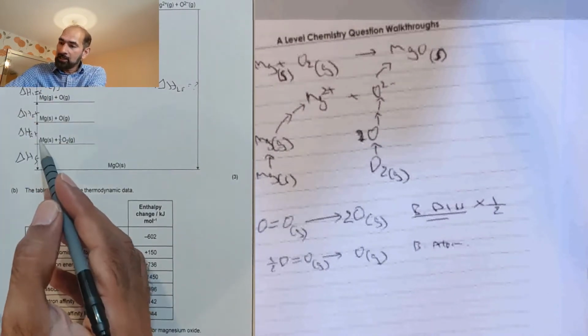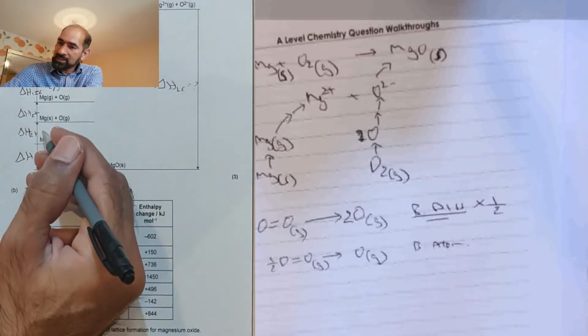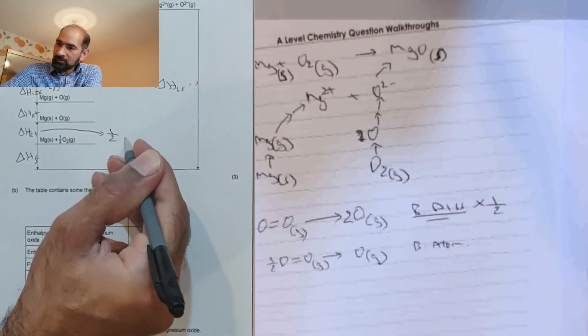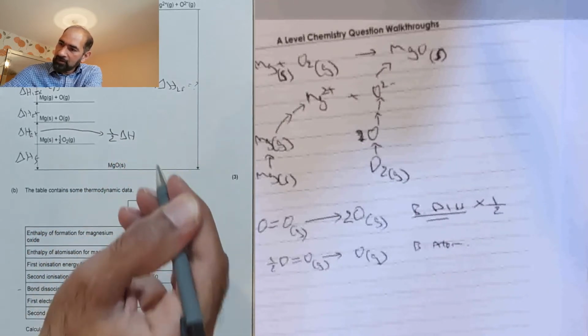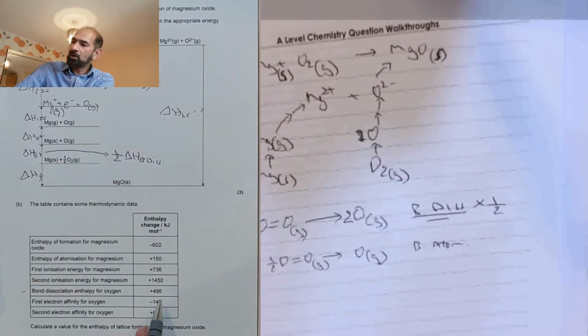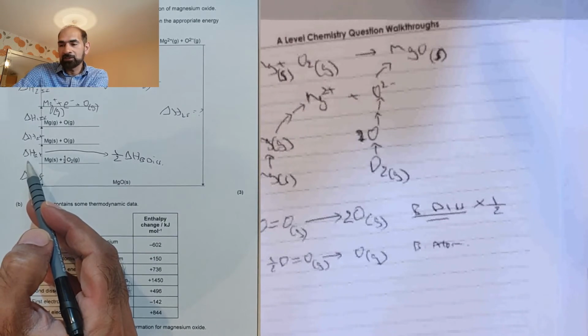So this bond dissociation energy of oxygen is plus 496, which means I need to halve it. In other words, half of the enthalpy of bond dissociation. Whatever the enthalpy given here, I have to halve it to make it enthalpy of atomization.